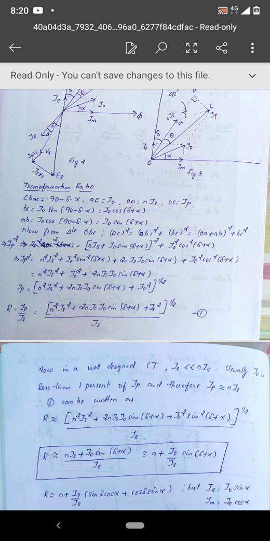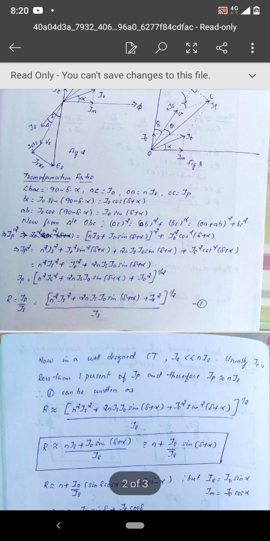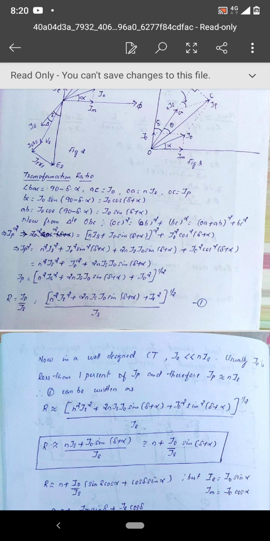So I naught is very small, and for a very small current, if you find the square term, it becomes even smaller. To a small quantity I naught square, if I multiply another square term, that is sine square of delta plus alpha, then that doesn't make any change.